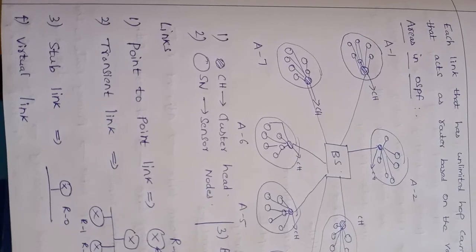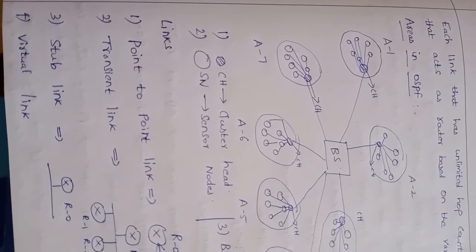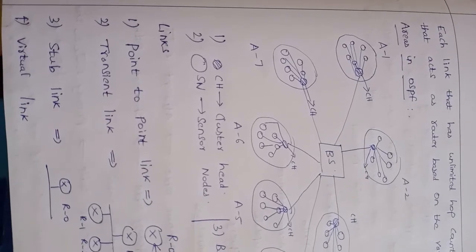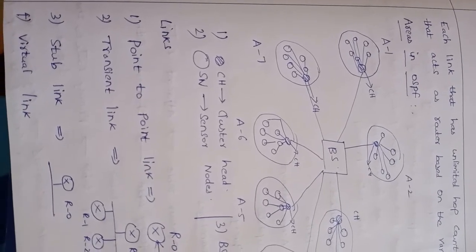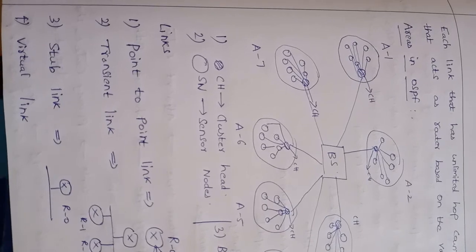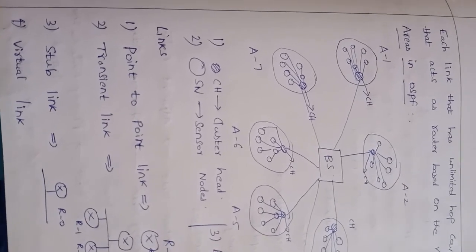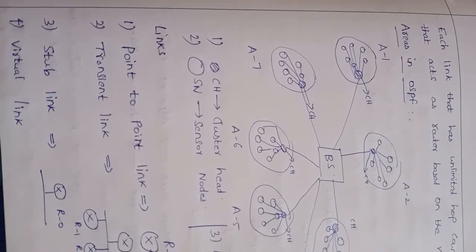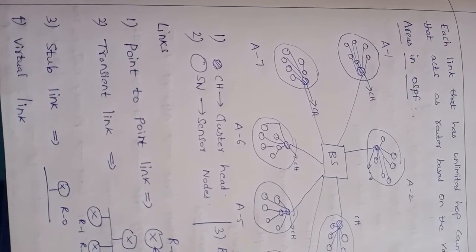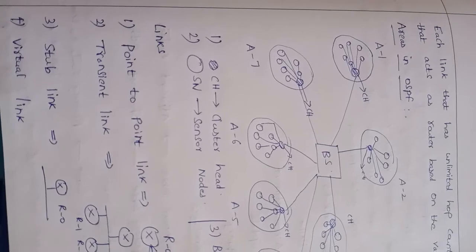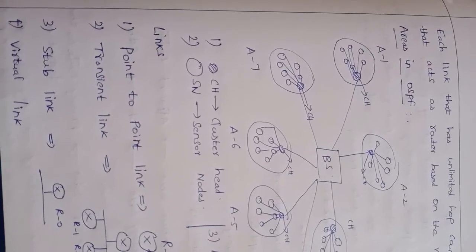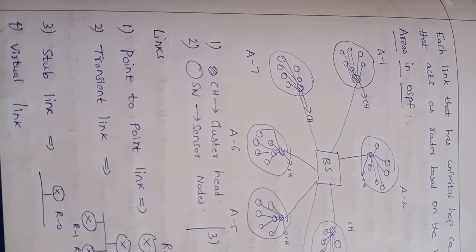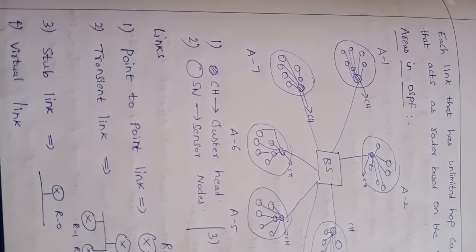If the link between both the routers is connected successfully, that is known as the successor link. If the link between both the routers is broken, the alternative route is used, which is known as the feasible successor. So if the link between both the routers is broken, we will use the alternative link, and that alternative link is represented as a virtual link.